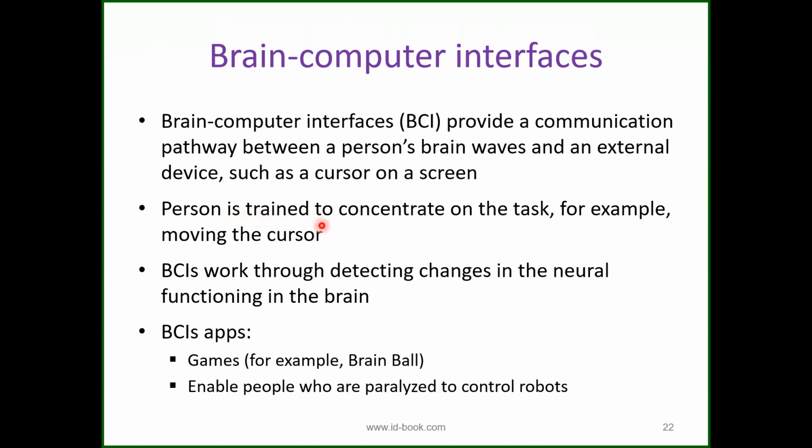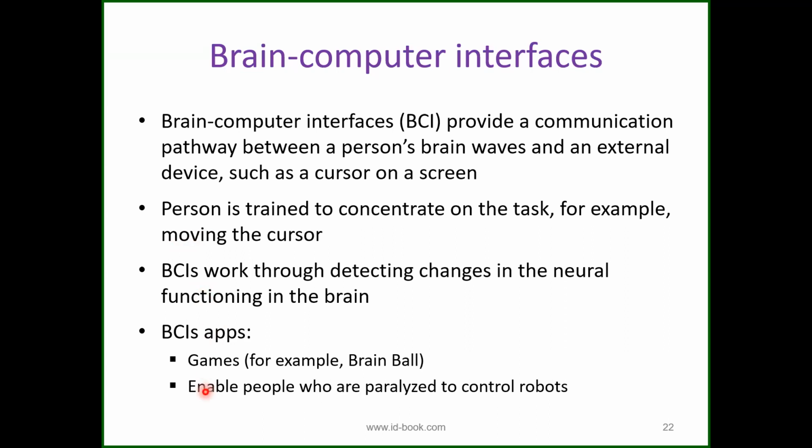The person should be trained to concentrate on the task, for example moving the cursor. BCI works by detecting changes in neural functioning in the brain. So the neurons work in the brain, and the BCI captures the idea by tracing that neuron functioning.